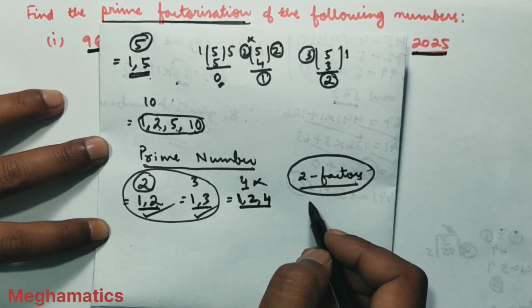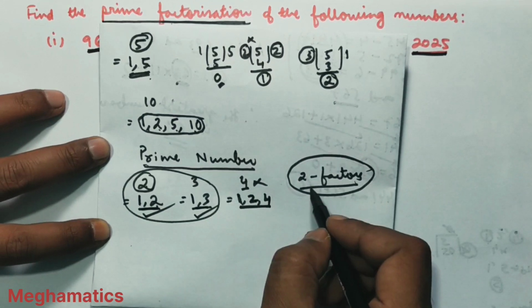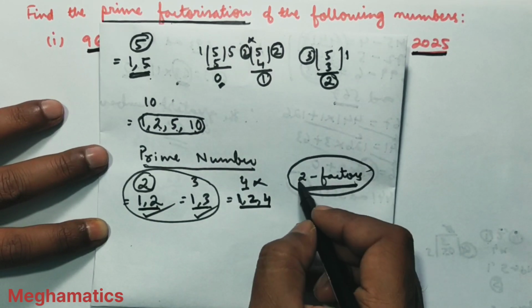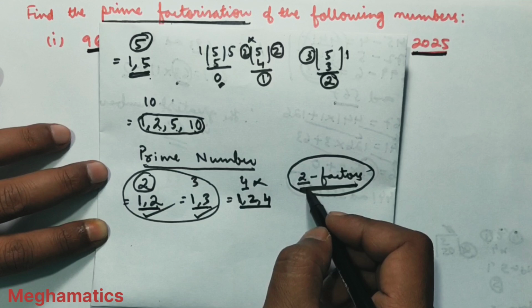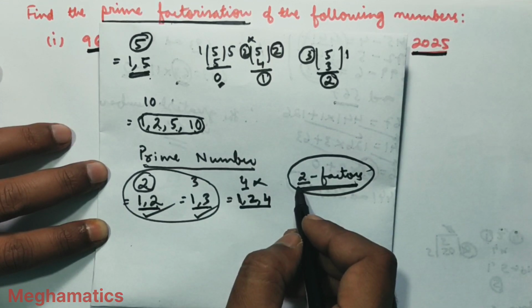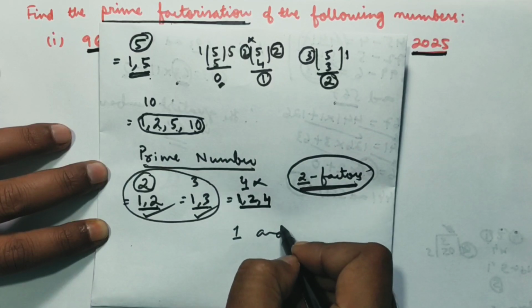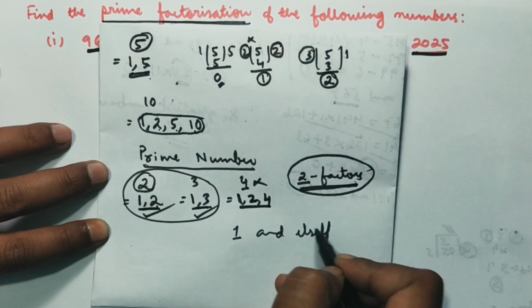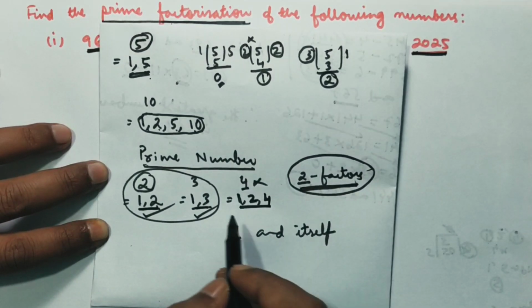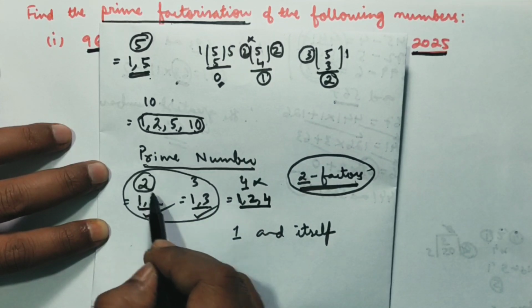The first condition is that a prime number should have only 2 factors, and the second condition is that it will be divisible by only 1 and itself. That means the number will be divisible by 1 and the number itself.